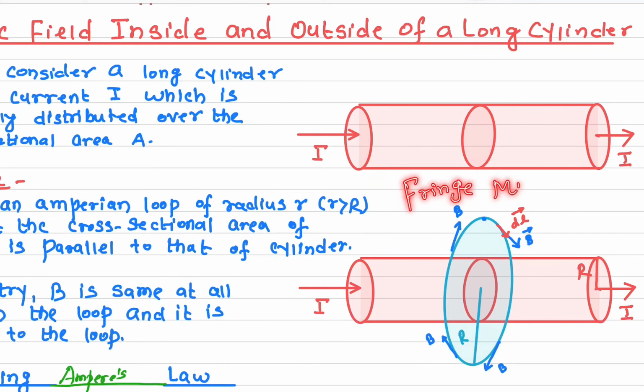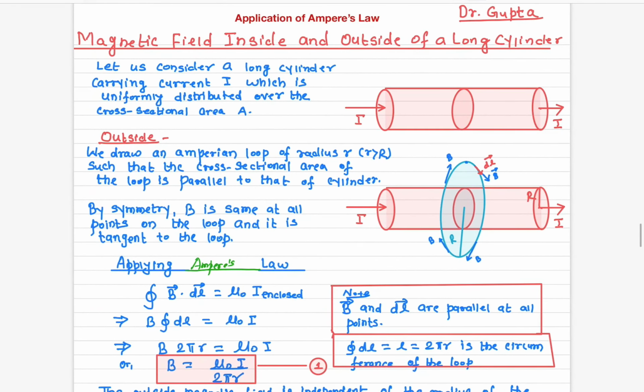Or in other words, if you have a short cylinder, the magnetic field and the dl vector will not be parallel at each point. That's the reason we have chosen the long cylinder. If it is a long cylinder, there is no contribution coming from the fringe magnetic field.